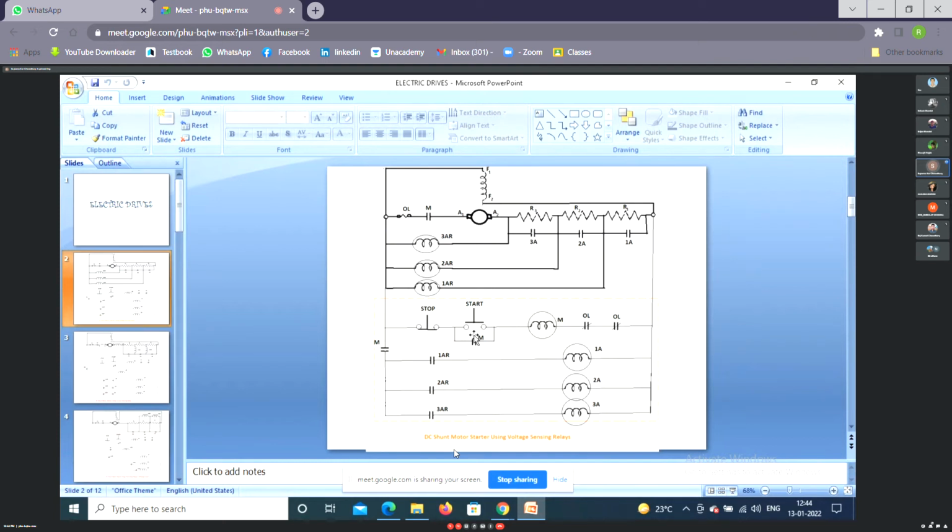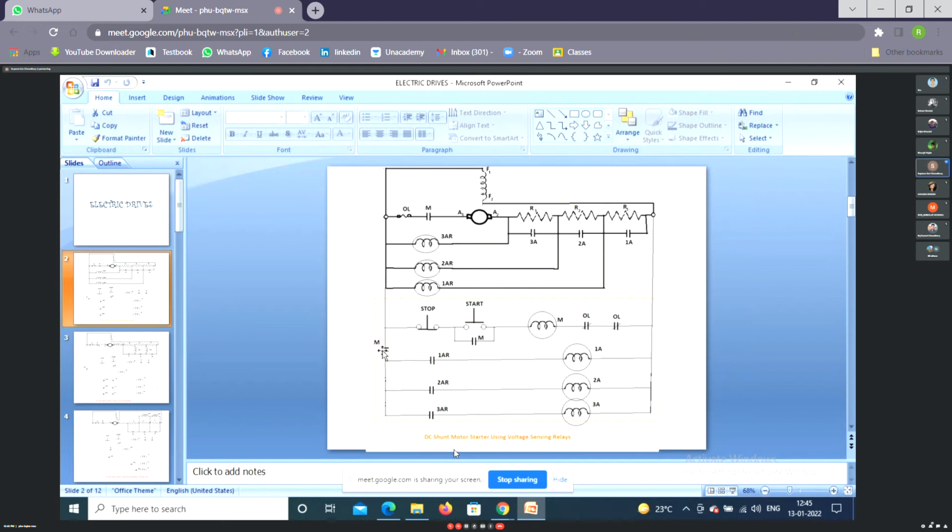Now why is this contact required? This is a push button; if we release it, it will open. But when it is released, we have to hold the circuit, so by that time this contact is closed and the circuit will continue through this point.